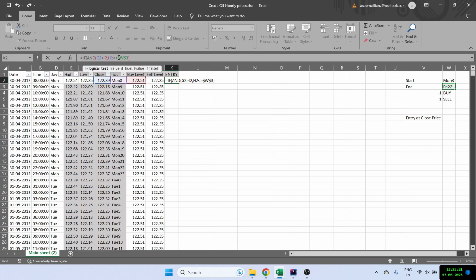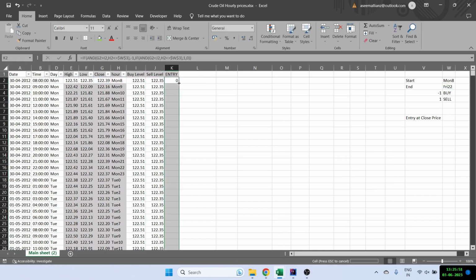If this is true, then I will go for a -1 because it's a buying entry. On the other hand, if the closing price is less than the low level, and again my time should not be the ending time, if that is true, I will go for a sell trade. Otherwise I will not go for a trade, so I will just put 0.